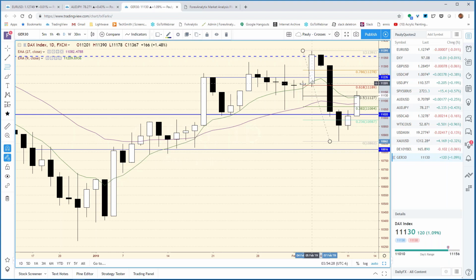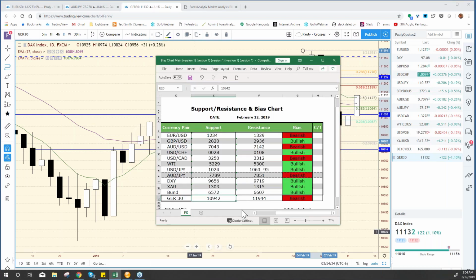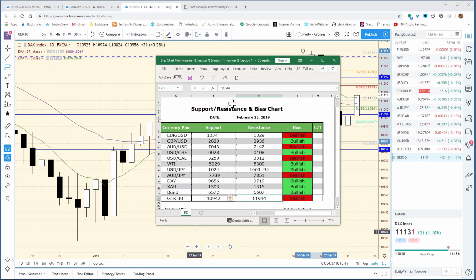And you can see all these touches coming across. We're going to go with 11,204. That was meant to be 11,194. So 11,204.